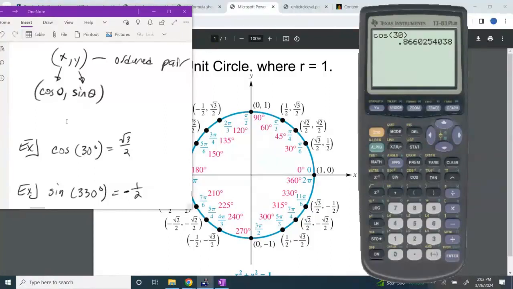And notice it doesn't quite give me the square root of 3 over 2, but it gives me the approximation, right? The square root of 3 divided by 2 should be that same exact value. I can find the sine of 330 degrees, so I can just simply input sine 330, and I should get negative 0.5, which is negative a half.